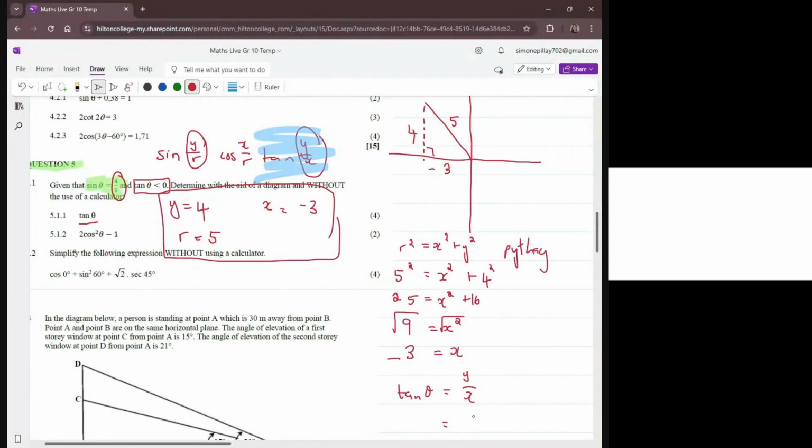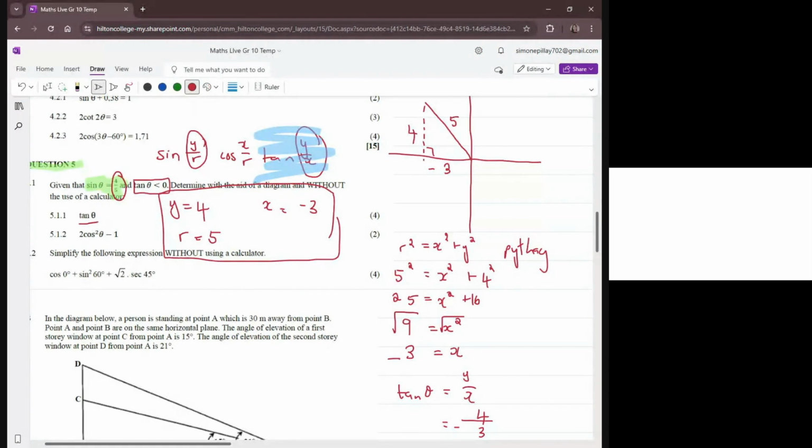So you're super close. You're right. My x, I'm going to substitute in -3, which means I can just put the negative on the outside of my fraction, and then it's going to be 4. Okay, so that's that. 5.1.1 done. Tan theta is equal to -4 over 3.